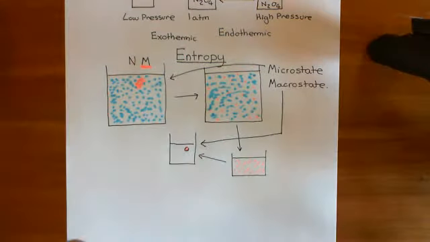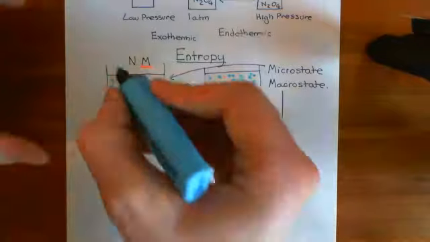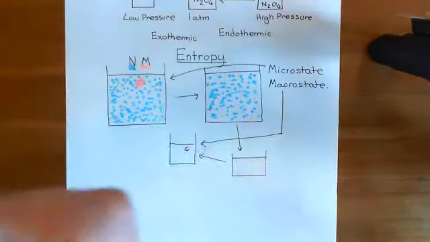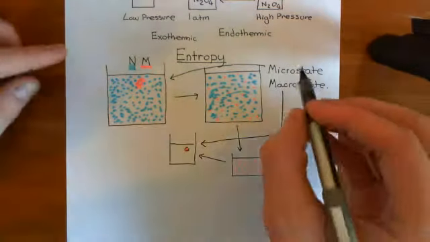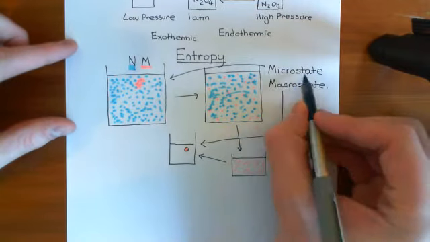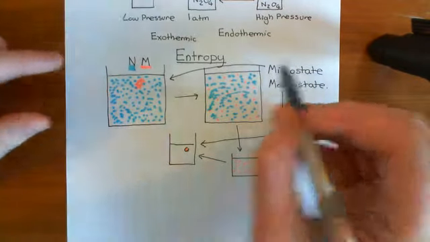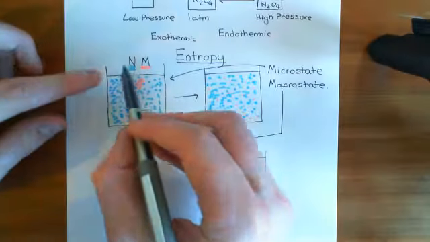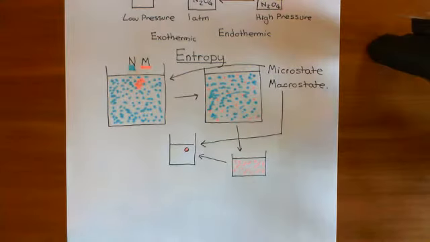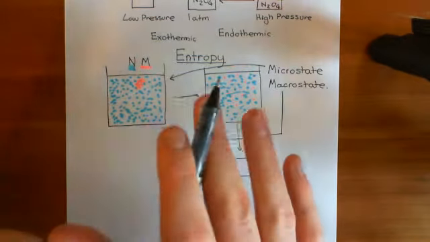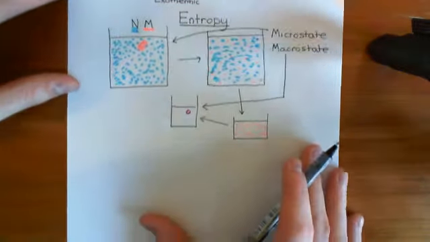Then the number of ways you can position all of the little blue water molecules amongst all of the red molecules is enormous. Therefore there are a huge number of different microstates, a huge number of ways you can arrange all of these blue molecules and all of these red molecules. Now let me try and explain what I mean by that with a simpler example.